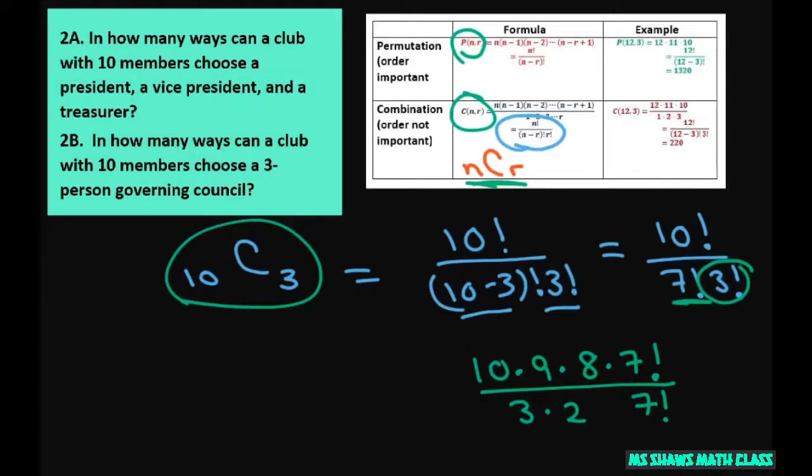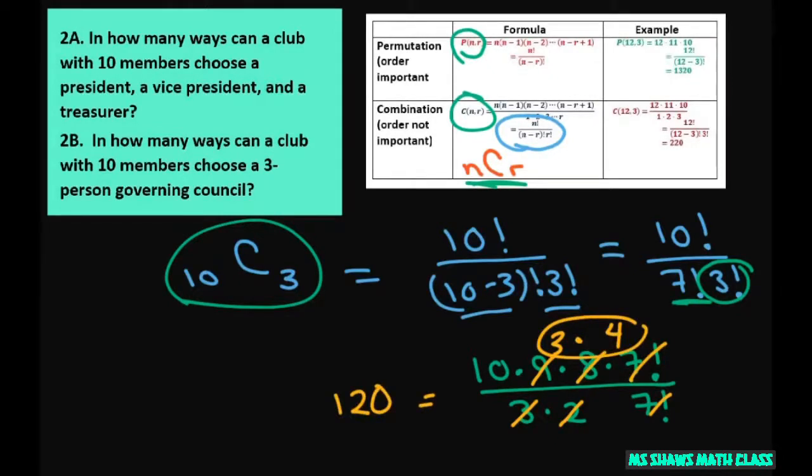So what happens is these two cancel, and then 2 goes into 8 4 times, 3 goes into 9 3 times. So you basically have 12 times 10, which equals 120.